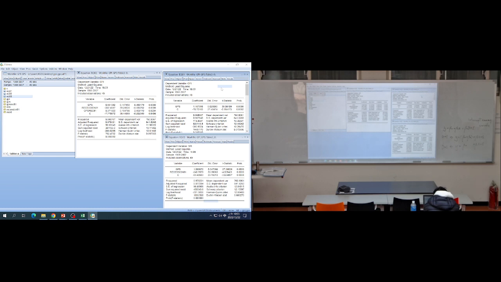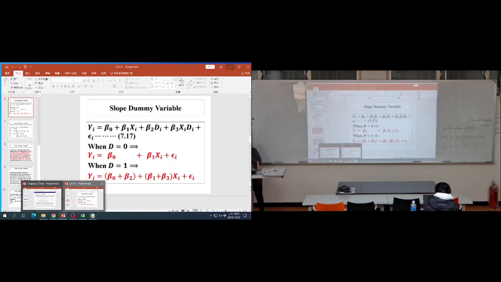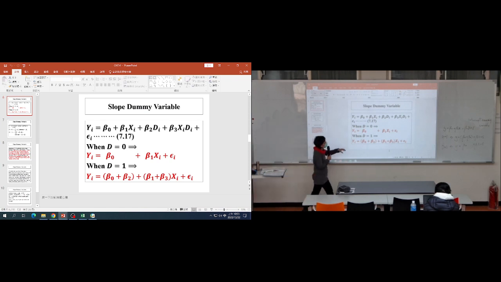And that type of variable, the slope dummy variable, how do you create it? Maybe using the x times the dummies. This is what we call slope dummy variables. This is what I'm saying, that since beta 3 will affect the slope, therefore we call this dummy a slope dummy.